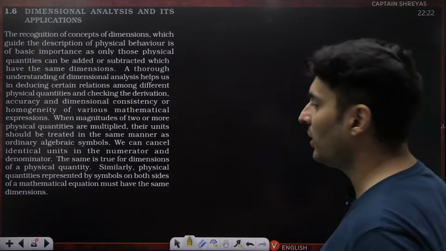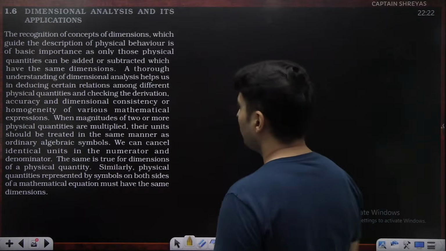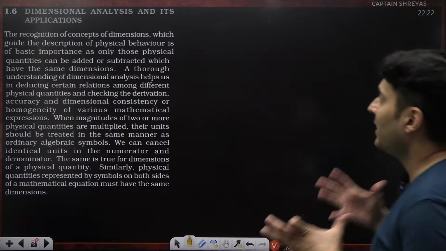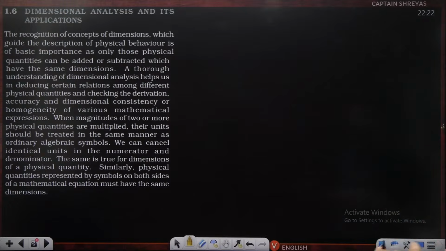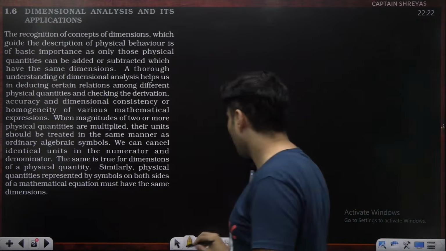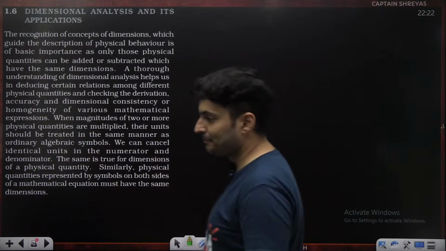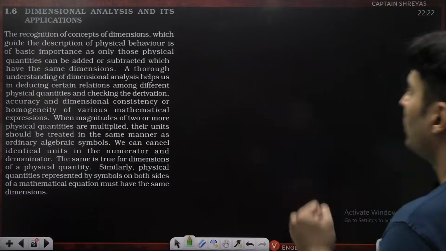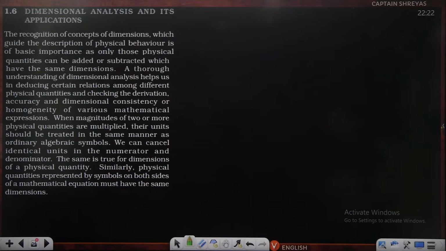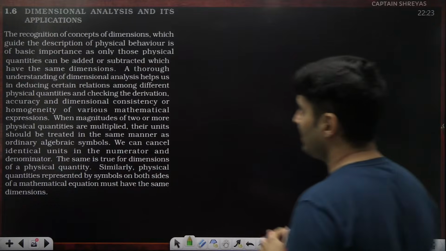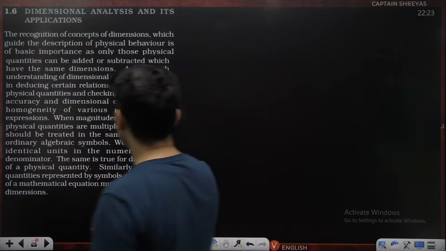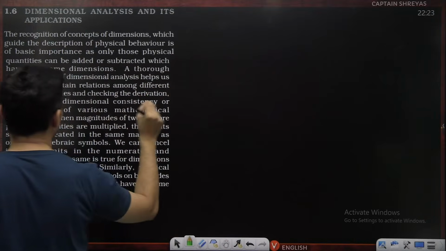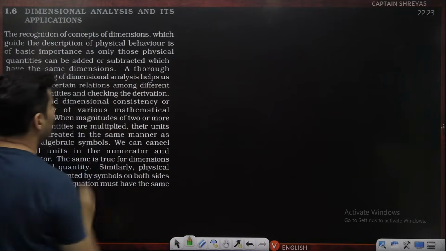Now, what is more important in NCERT is this one, section 1.6, where they talk about dimensional analysis and its application. Now, the recognition of concepts of dimensions which guide through the behavior, and so on.